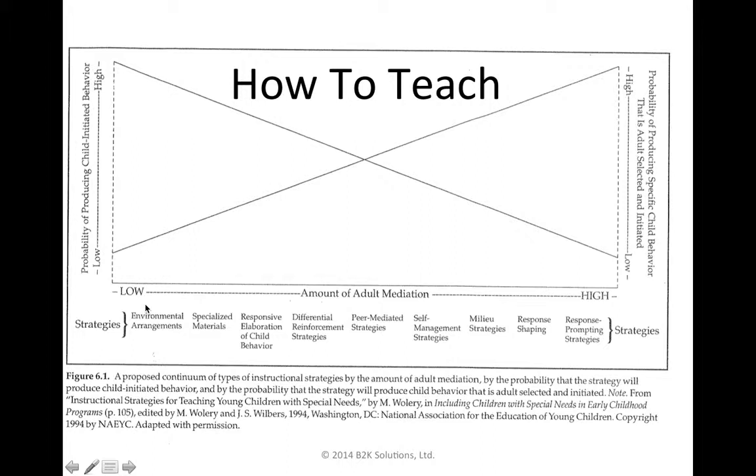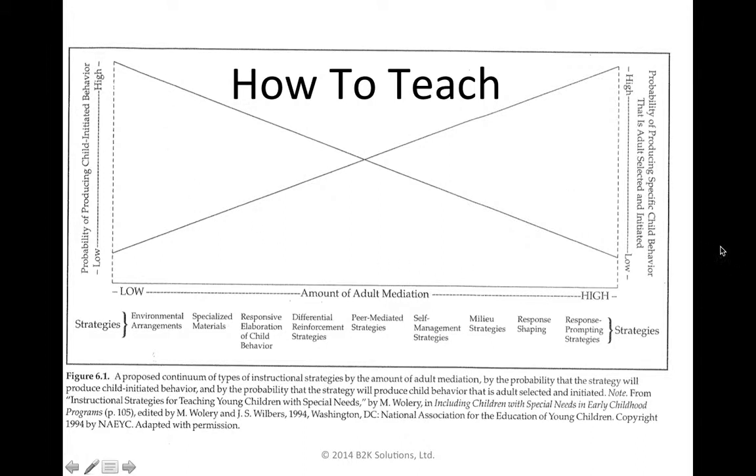When it's something that has a more prescripted, scripted, sequenced, a right way, a specific way, that starts to get over here to the high end of things, high adult mediation. It requires a lot of the adult to deliver the strategy with fidelity.